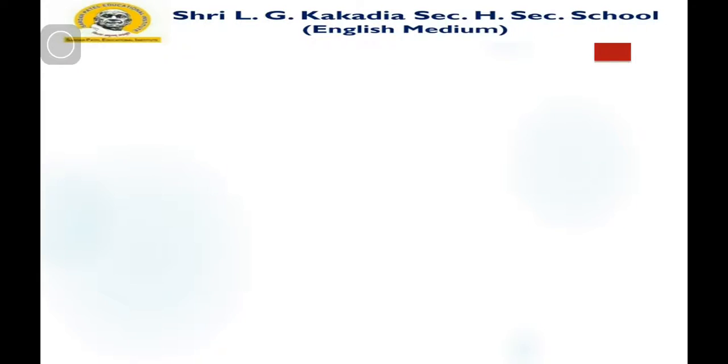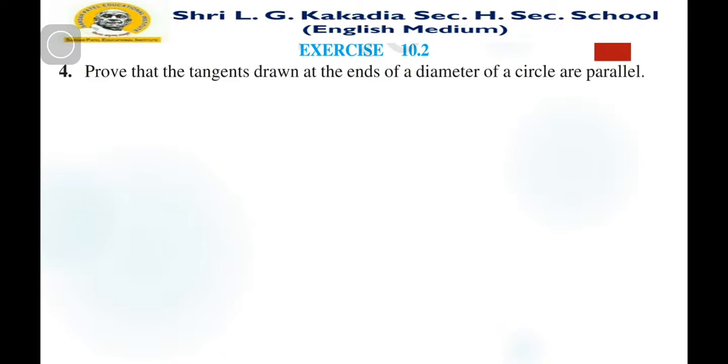In exercise 10.2, question number 4: prove that the tangents drawn at the ends of a diameter of a circle are parallel. Given a diameter of a circle, and at both ends there are two tangents drawn, we are going to prove that both the tangents are parallel to each other.